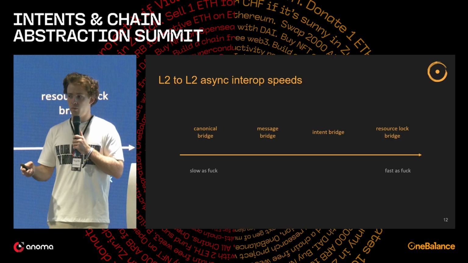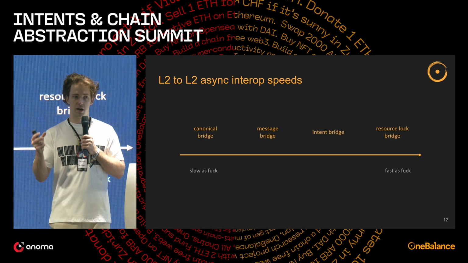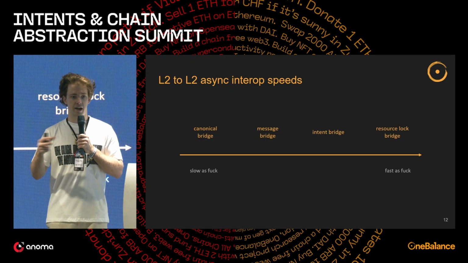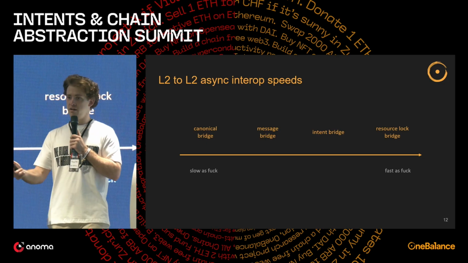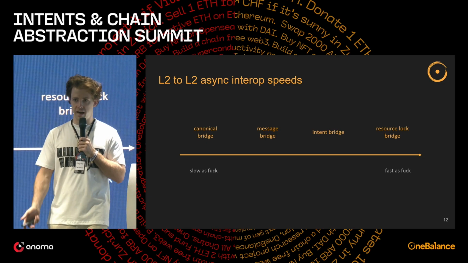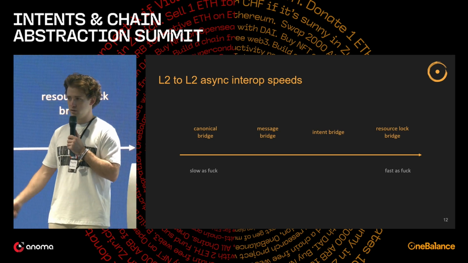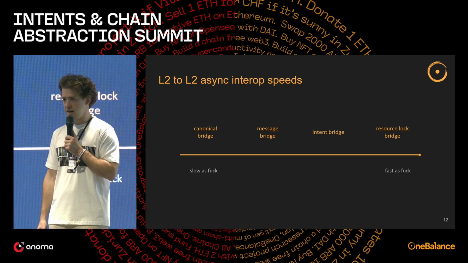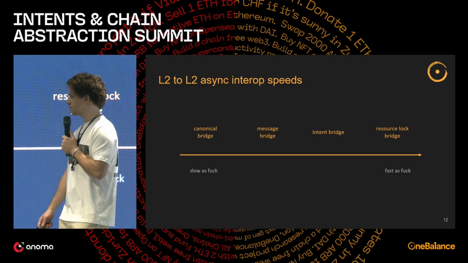However, once you have a resource lock that is not tied to execution on the source chain, you're not tied to the block times of the source chain for providing these guarantees. You can have the non-equivocation and finality guarantees be enforced much faster. That's why resource lock bridges end up being the fastest in an asynchronous setting.